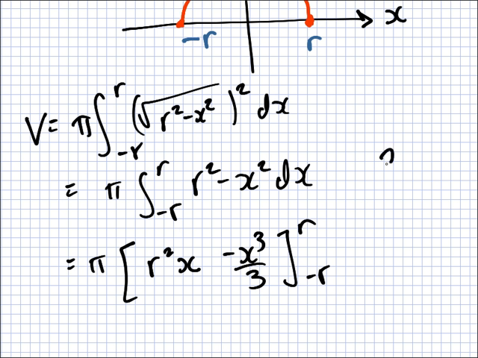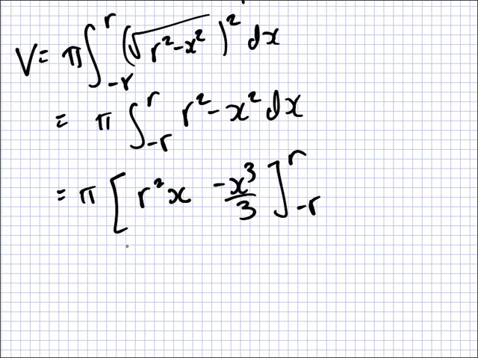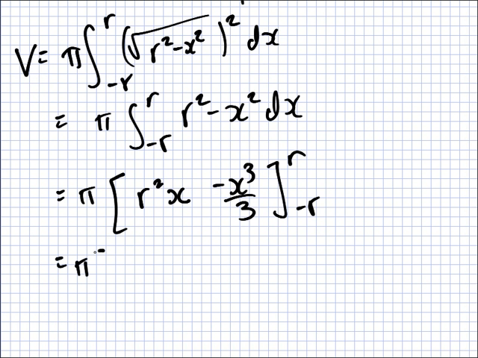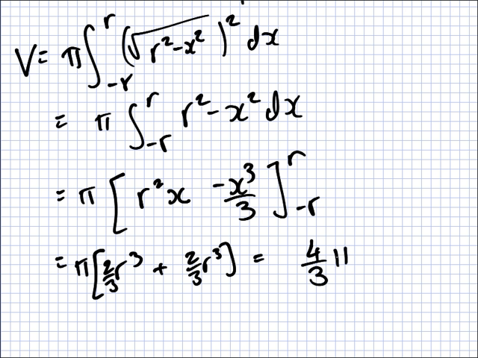Like 3 squared just becomes 9x. So this is equal to pi times 2/3 r cubed plus 2/3 r cubed when you sub in the two values. So the answer is 4 over 3 pi r cubed.